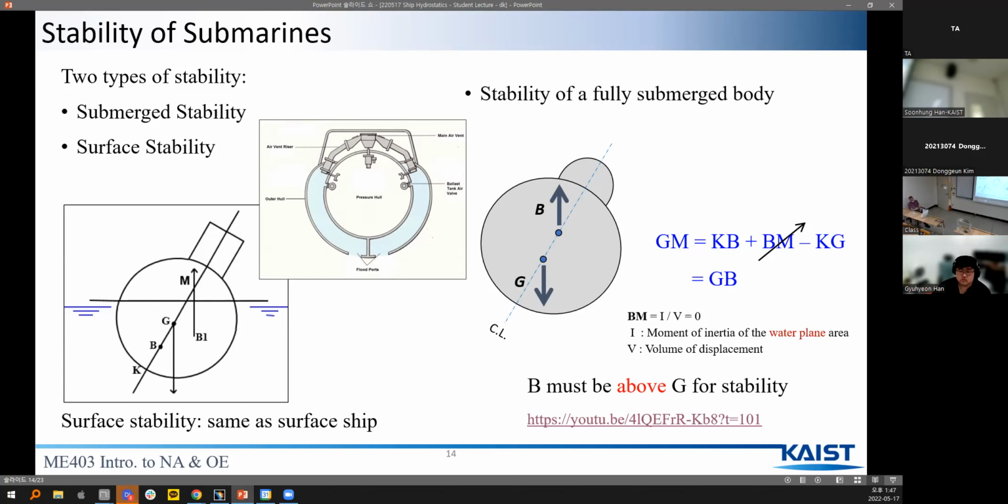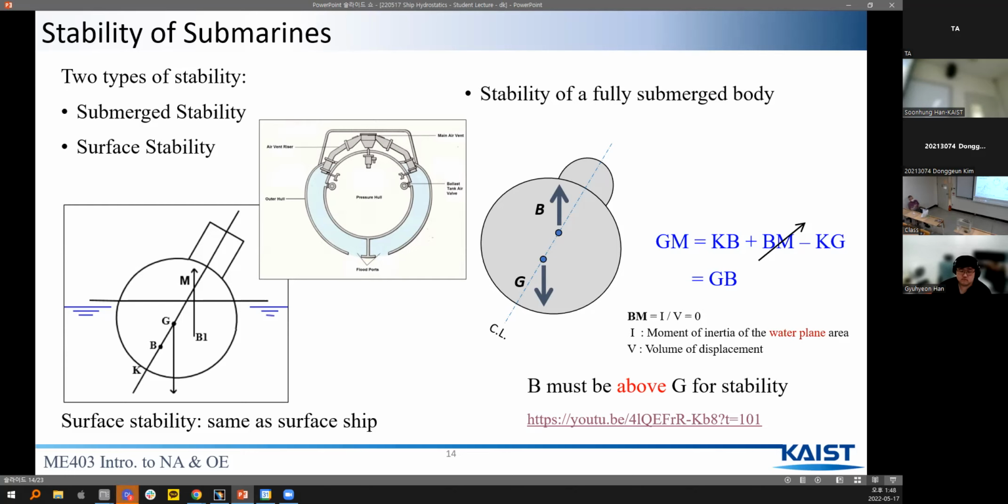Submerged stability is considered when the submarine is submerged, and surface stability is when it is on the surface. In the case of surface stability, it is the same as the ship we learned earlier.